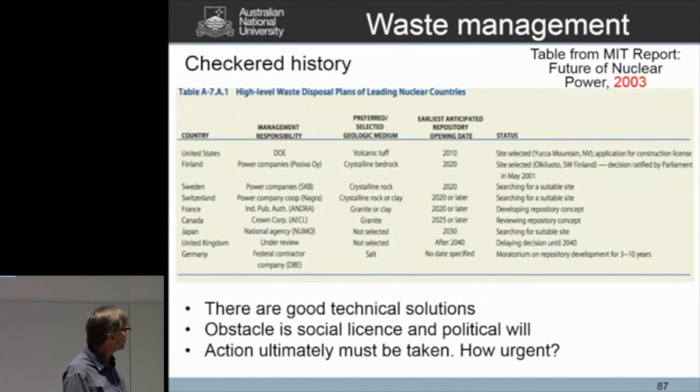The obstacle is social license and political will. Ultimately, action is going to have to be taken, but we can get away with procrastinating to some degree because really the volume of this material has not got out of hand yet, and maybe that's why governments are able to get away with not making decisions.